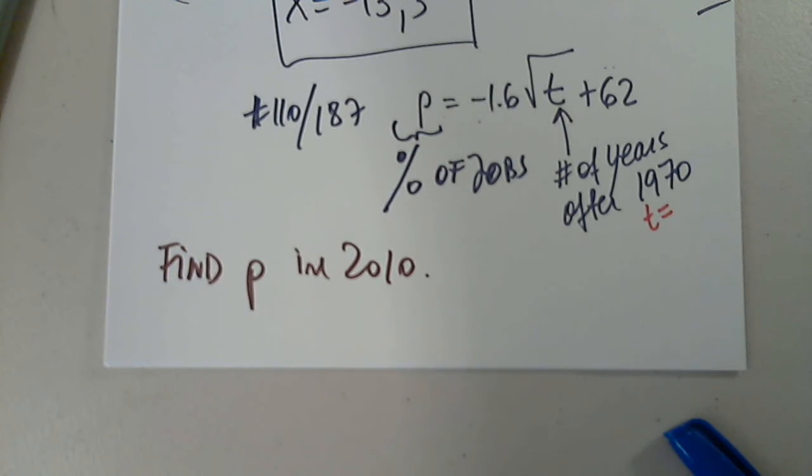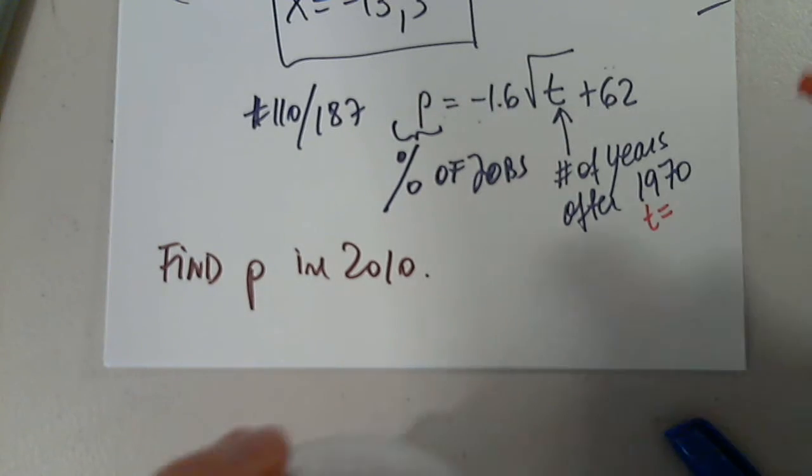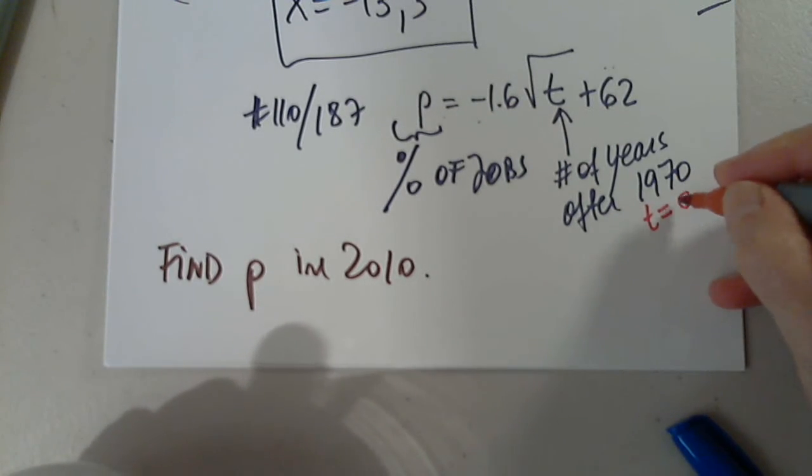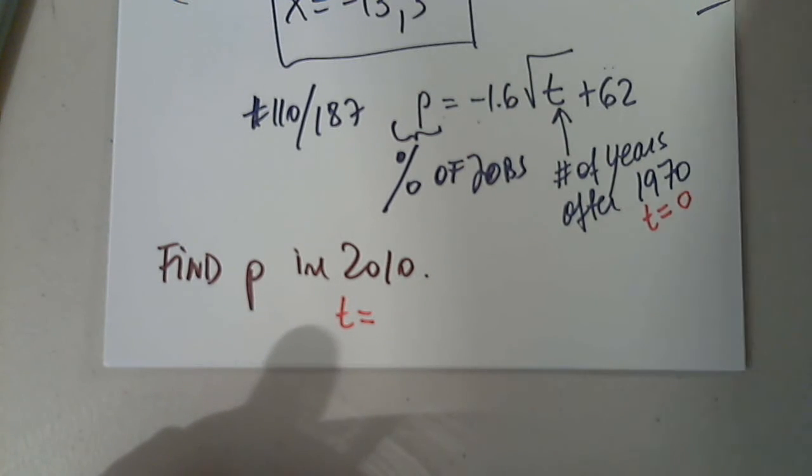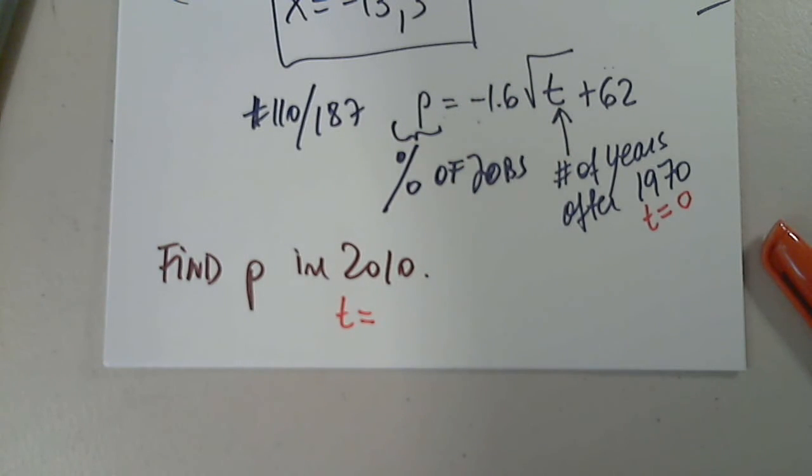Since T represents number of years after 1970, it is 0. So T equals 0 for 1970. Therefore, T will be what for 2010? 40. Great job.